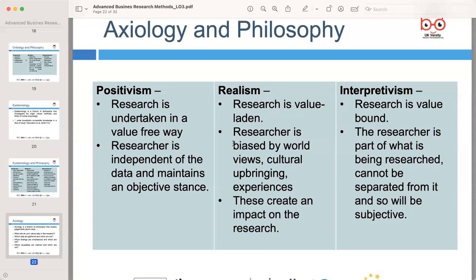Positivism emphasizes a value-free and objective approach to research, while realism acknowledges the influence of personal values and experiences on the research process. Interpretivism embraces subjectivity and focuses on understanding the diverse perspectives of individuals and communities.